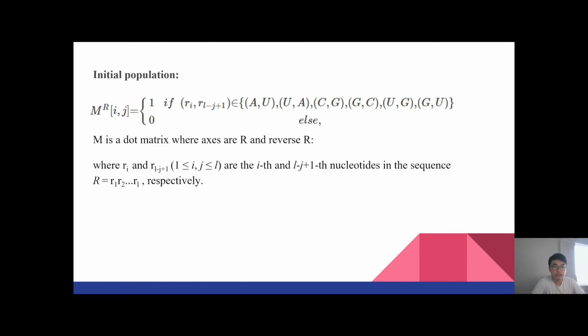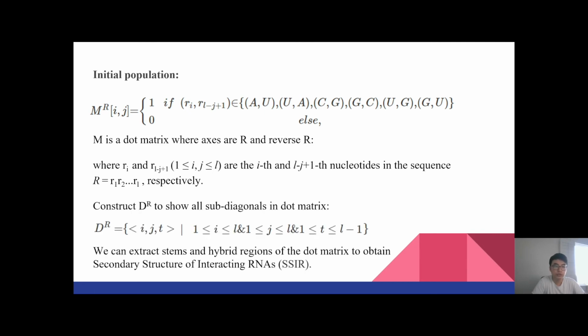So as you can see, Ri and R(L minus J plus 1) are the ith and (L minus J plus 1)th nucleotides in the sequence. So we can construct the R to show all of the subdiagonals in the dot matrix. With this form, we can extract stems and hybrid regions of the dot matrix to obtain the secondary structure of interacting RNAs, SSIR.